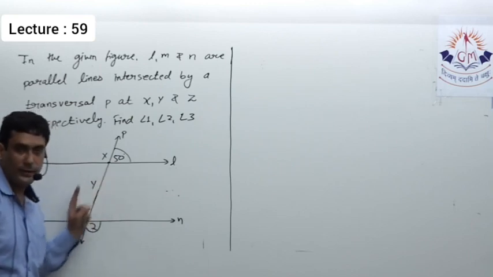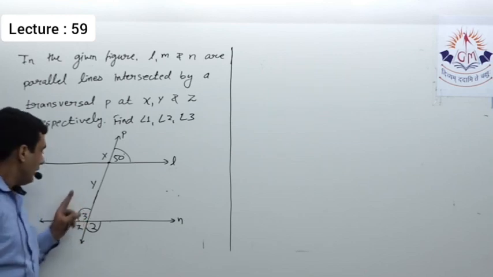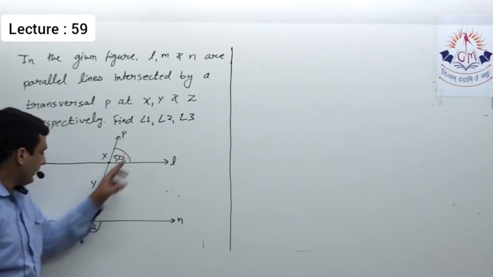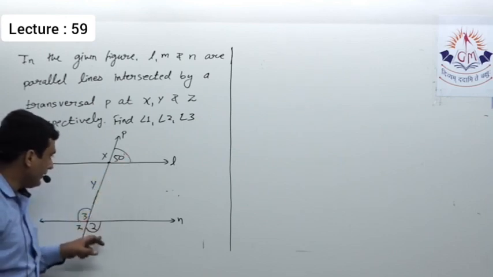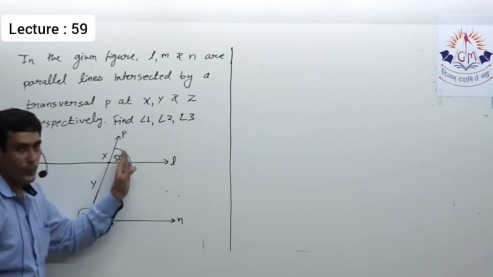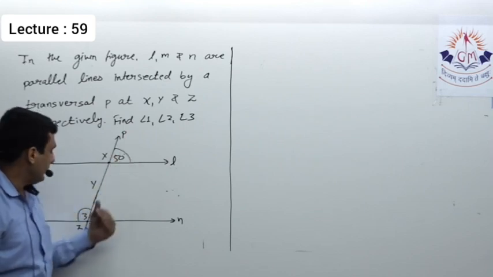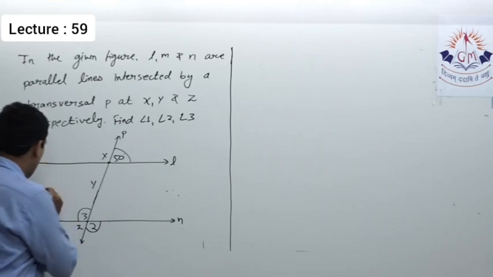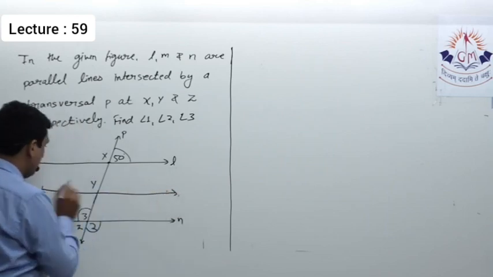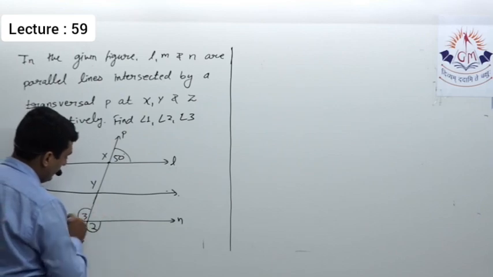Can I say alternate interior angles? No, because this is interior, this is exterior. There is no relation. Now can I establish any relation between these two angles, 50 and 2? No. We can't say corresponding angle because this is above the line, this is below the line. So anyhow we have to introduce one more angle to establish the relation.